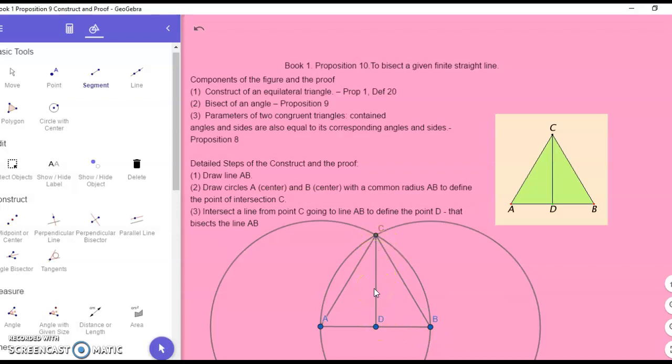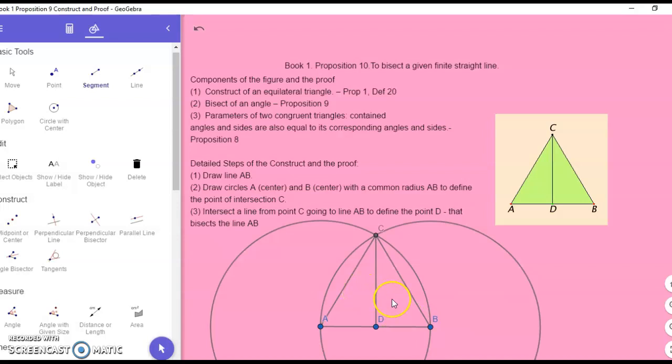And again, by having line CD here bisecting the angle ACB, then we have two equal angles, ACD and DCB. So side-angle-side. Hence, we have just presented that triangle ACD is congruent to triangle DCB.